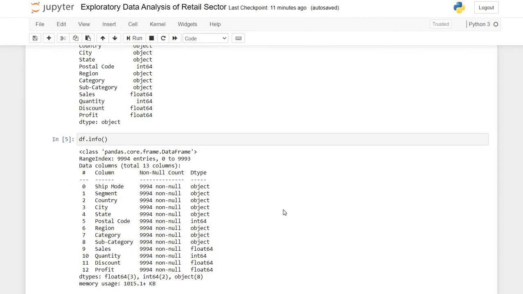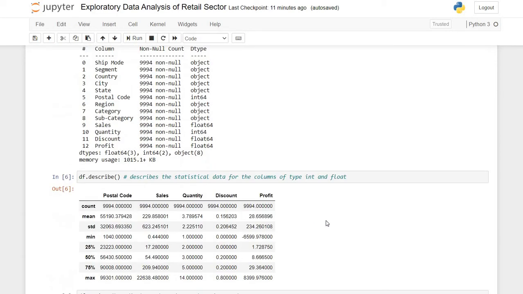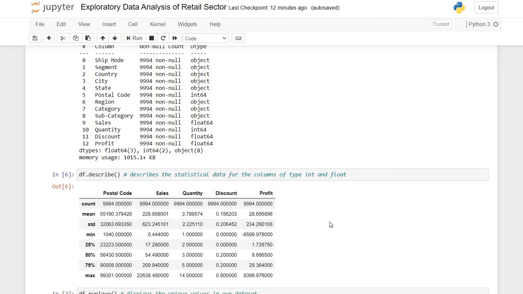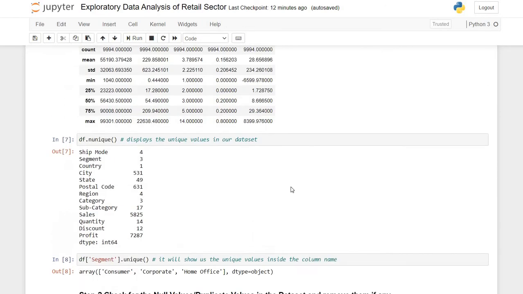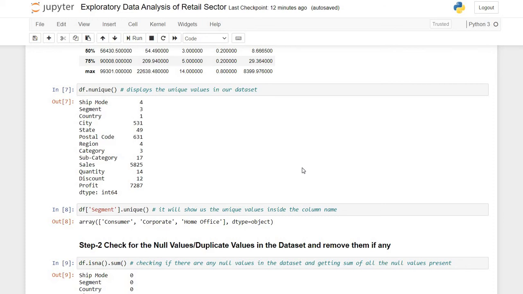I also find the info related to the data set, and by using df.describe I find the count, the mean of each column, the standard deviation, minimum value, and individual quartile values. Also, I'll find the unique values in our dataset by using df.nunique.